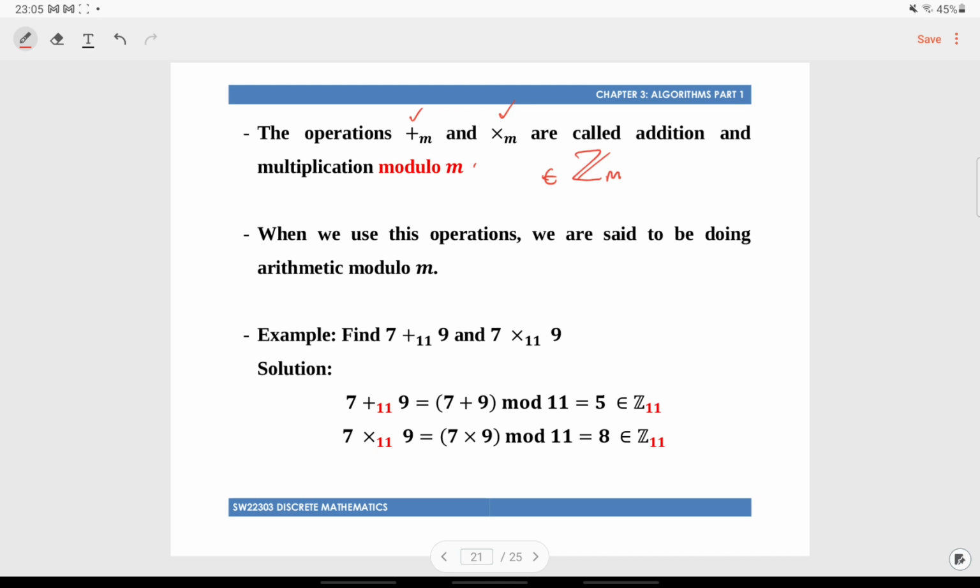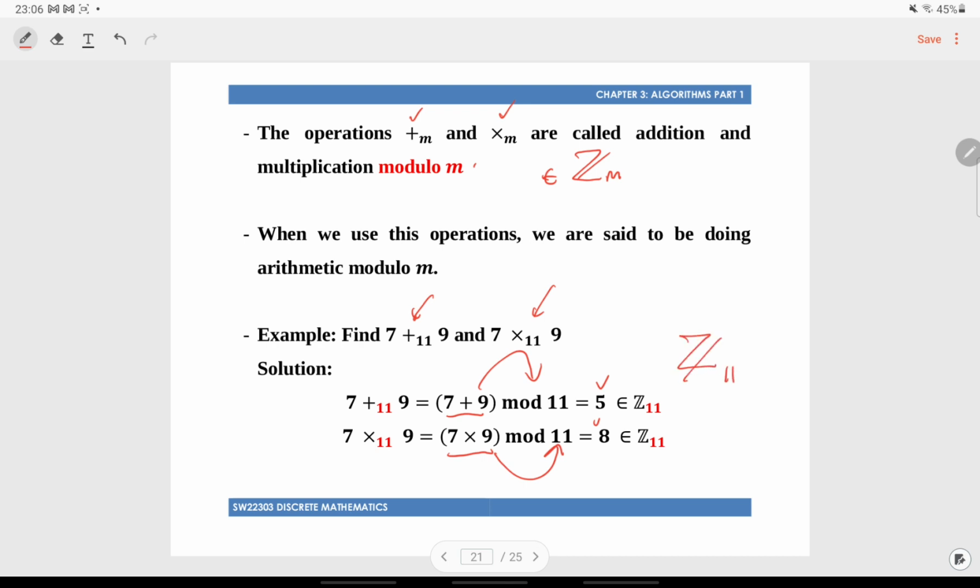I give you a numerical example. Let's say we have 7 and 9. We do the operation addition modulo 11. And we also have 7 times 9, again we do the operation modulo 11. To solve this problem, we do the operations as usual, addition and multiplication, but then the outcome must be reduced modulo 11 to ensure that the outcomes 5 and 8 belong to the set of integers modulo 11.